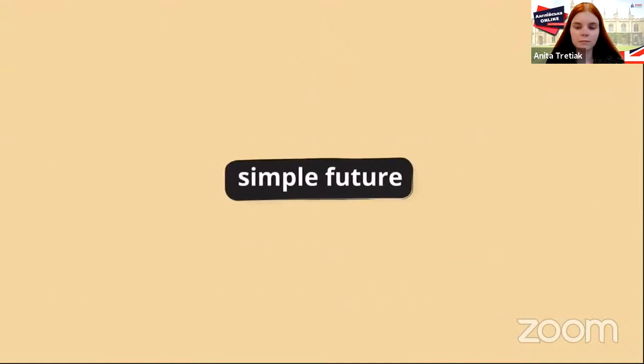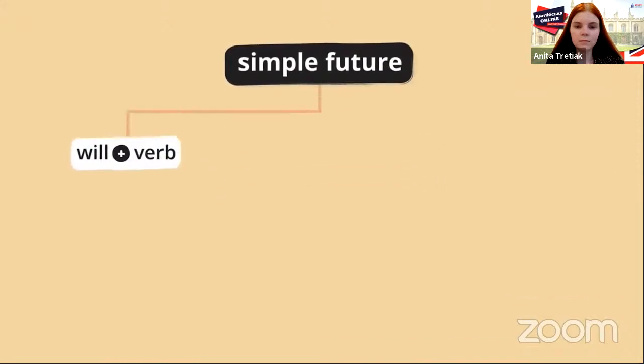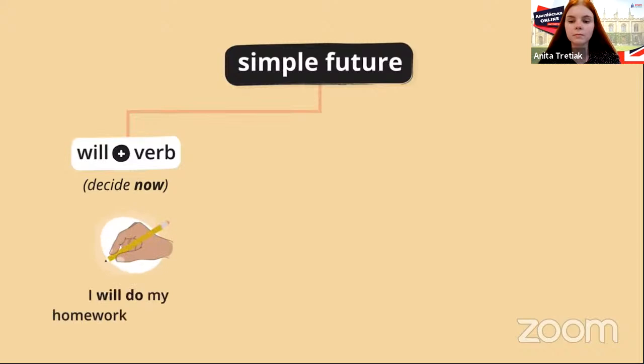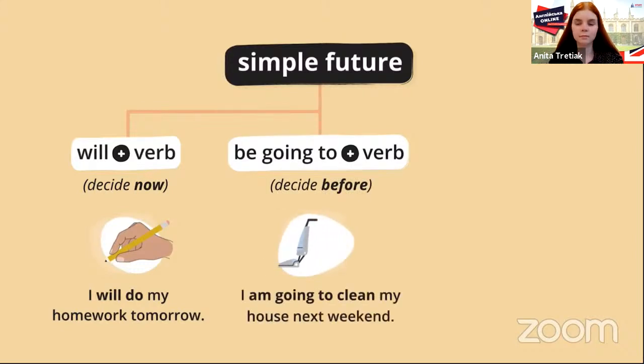There are 3 ways to express the simple future tense in English. We use will and a base verb to decide on a future action at that moment. For example, I will do my homework tomorrow. We use be going to and a base verb to talk about existing future plans. For example, I'm going to clean my house next weekend.